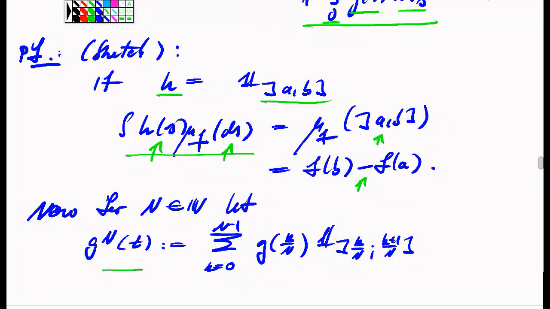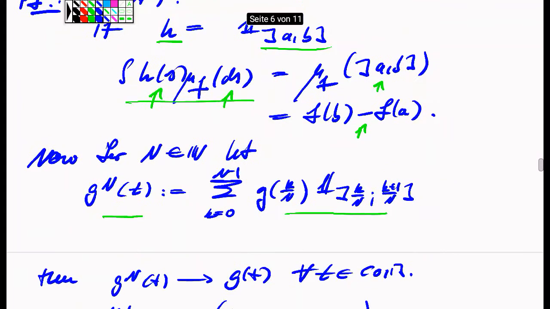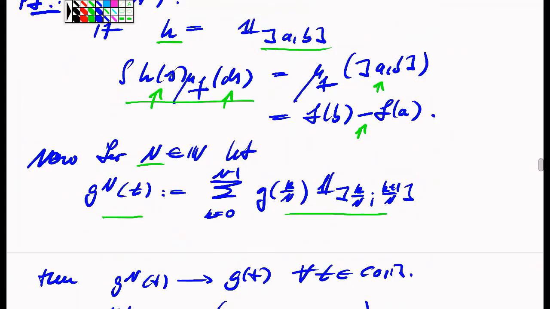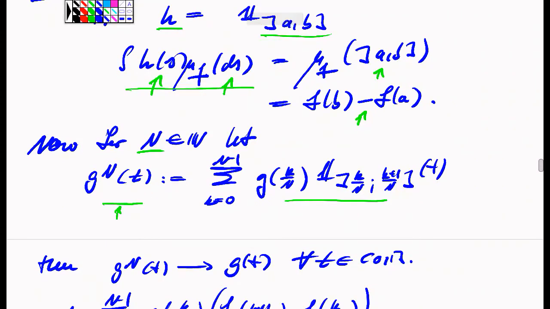Okay, that's just a remark, or just a repetition, that we want to have in mind when we now consider the case of this finite sum, namely for discretization parameter level n. We want to consider the function gn of t, which is a linear combination of indicator functions for the respective subintervals which appear in the finite sum, and which are the subintervals on which we want to evaluate the differences of the f function.